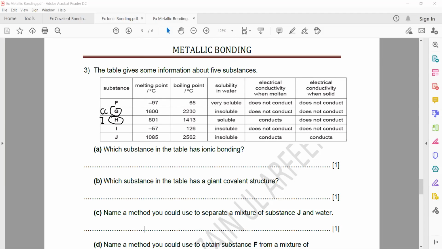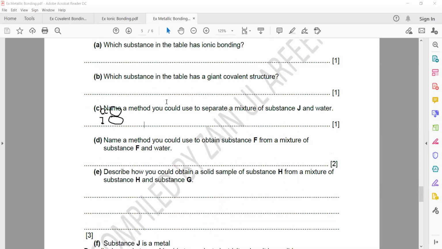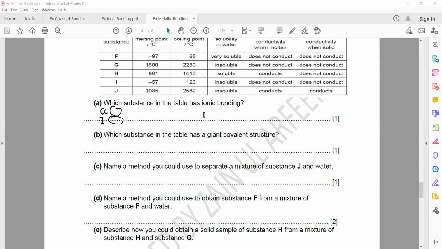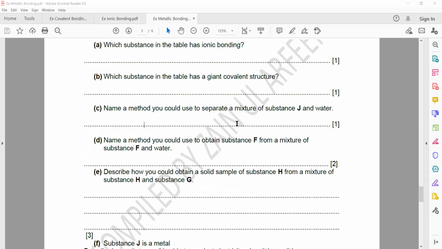So first thing what we will do, we will have a mixture of G and H. From this mixture of G and H, G is insoluble and H is soluble. So first we will add water and stir.